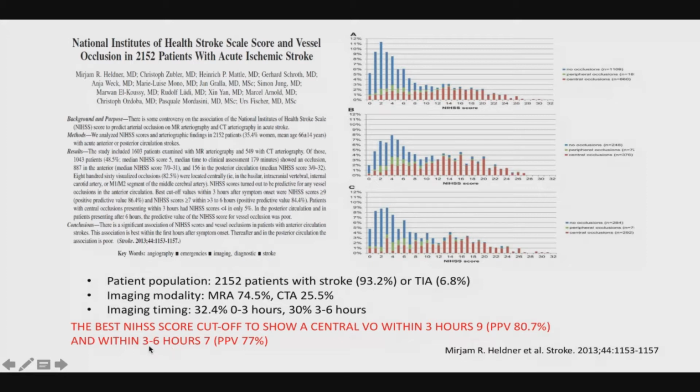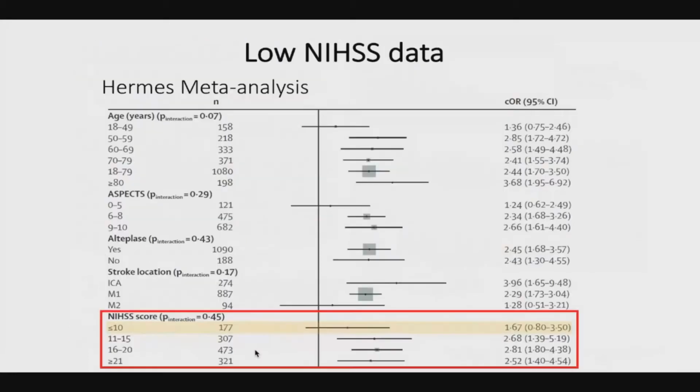And within the 3 to 6 hours, the NIH stroke scale was 7 with a positive predictive value of 77. So if you have a patient with NIH stroke scale of 10 or higher, you are almost certain that that patient has a large vessel occlusion and has a good size area of mismatch without significant core infarct and would qualify for treatment.